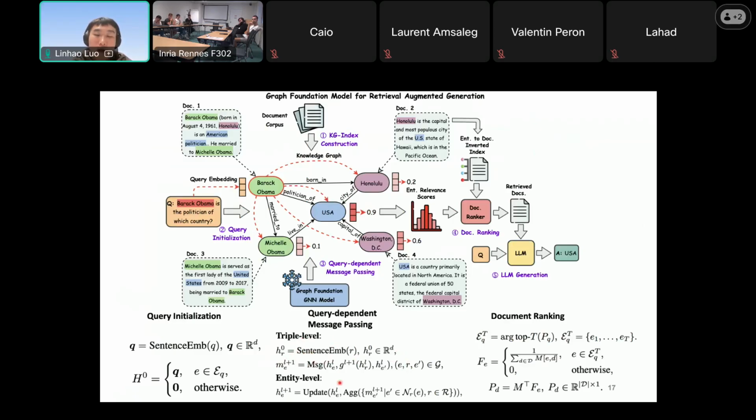So we can directly apply our graph neural network to consider this new semantic information and also the structure information to conduct the reasoning. And we do the same thing for the questions so that they are in the same semantic space. So we do not need to retrain our model again for unseen entities and unseen relationships.